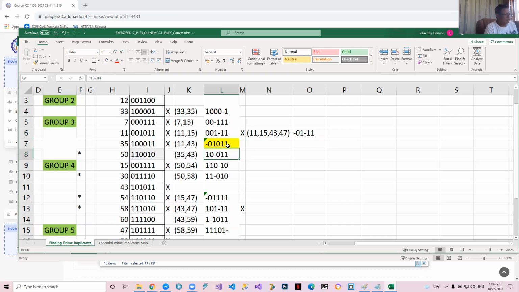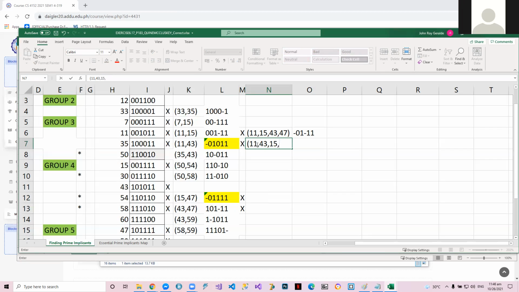Okay. So we'll compare it with this. Can we compare this? Yes, right? Let's yellow this. Okay. So we'll have this. What are the values? 11, 43, and 15, 47. They are the same. They differ in the fourth.